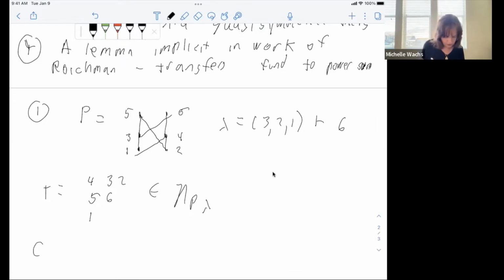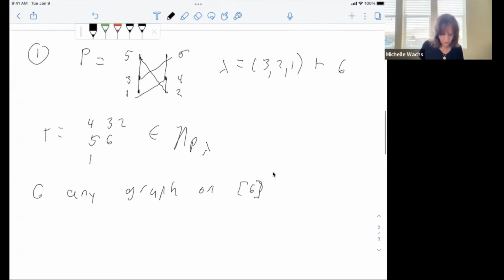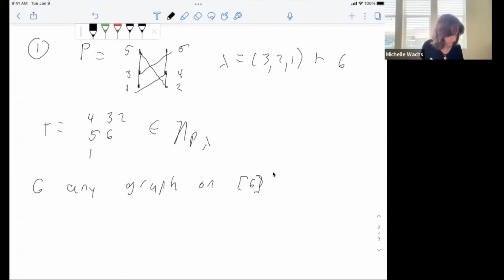And let G, well, usually it's the incomparability graph, but it doesn't matter what graph it is. Let G be any graph on 6, so we don't have to be distracted by what graph it is.